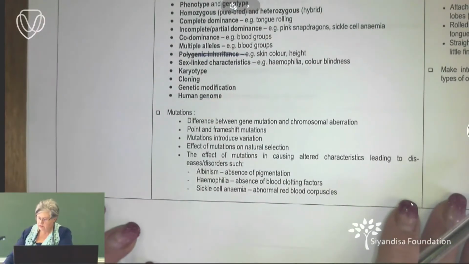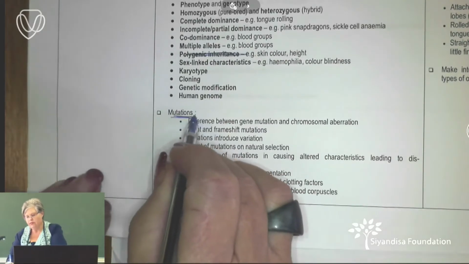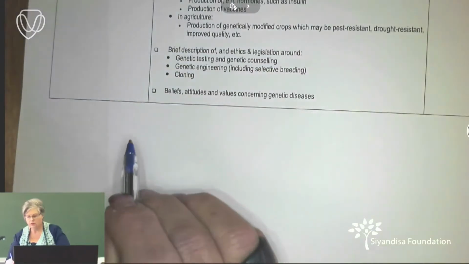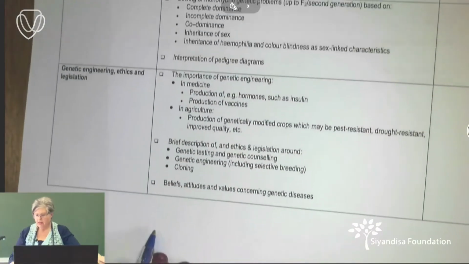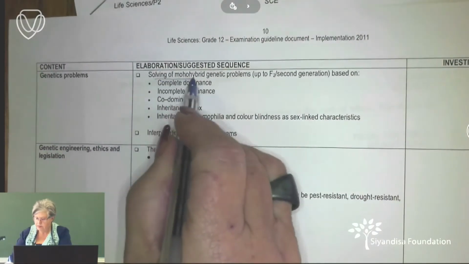The next thing it says is mutations. We must know the mutations and the effect that they have on the body. I will come back to that just now. Then it says we must solve genetic problems.